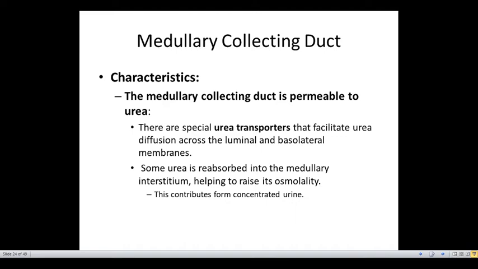Some urea is reabsorbed into the medullary interstitium, helping to raise its osmolality, and this contributes to form concentrated urine.